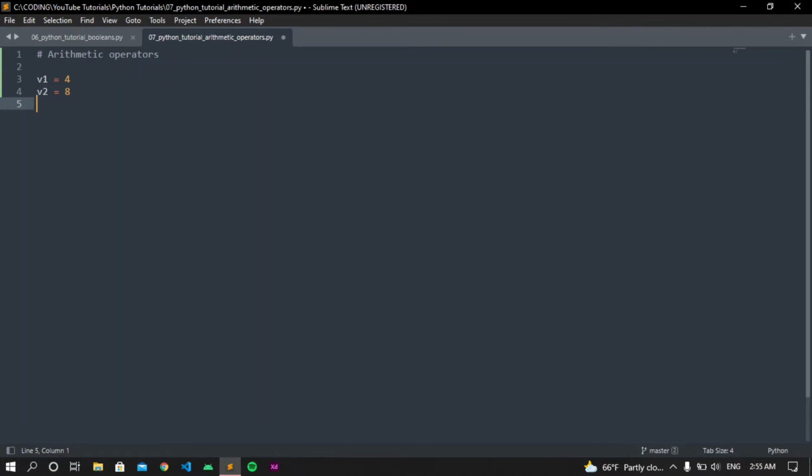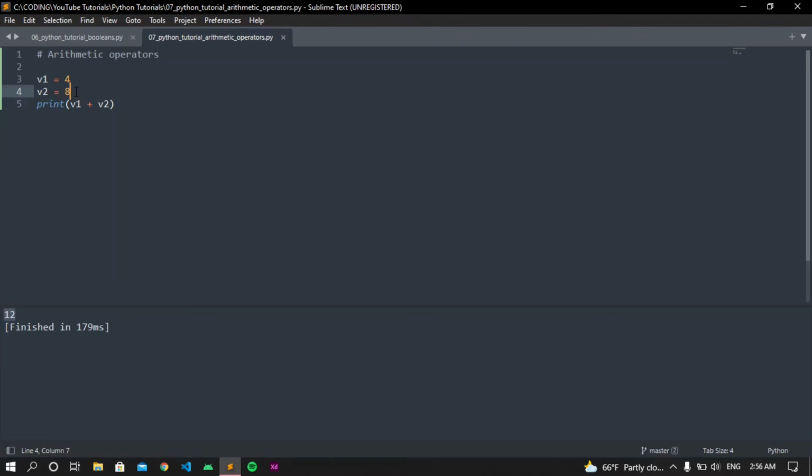When I do v1 plus v2, just like in basic math, I'm adding two numbers together, nothing new here. I hit Control B and I see no errors because this is known in the Python library. If I print v1 plus v2, I should get the addition of those two variables. It's 12, and just like that, this is the addition. You just add two numbers together.